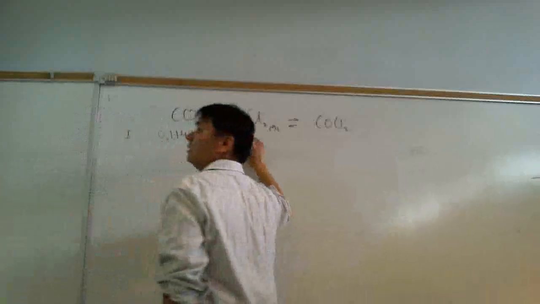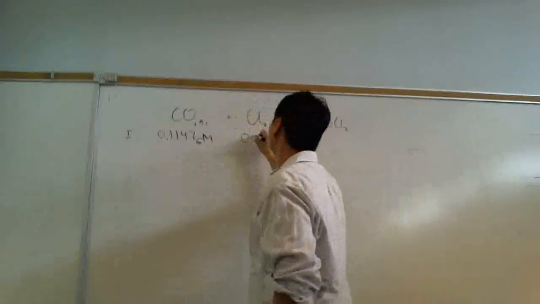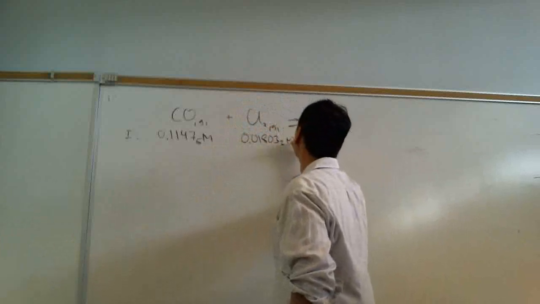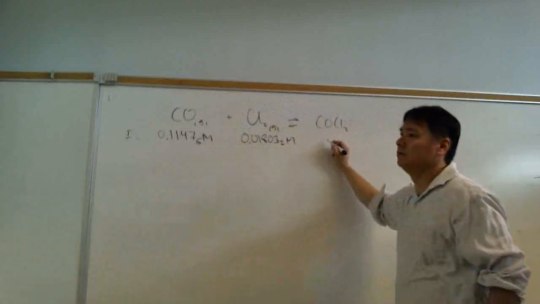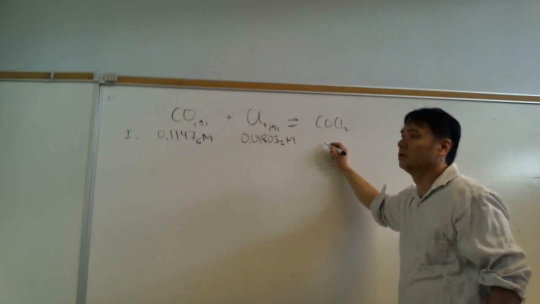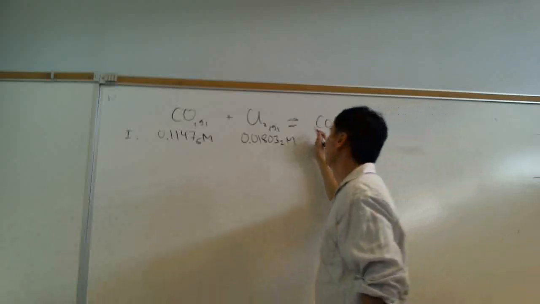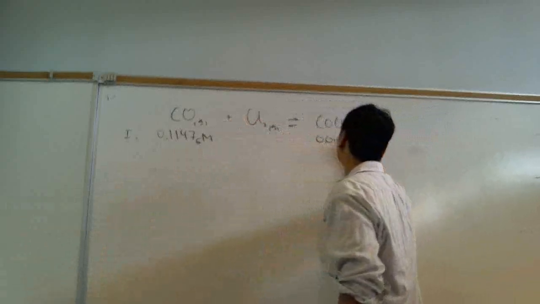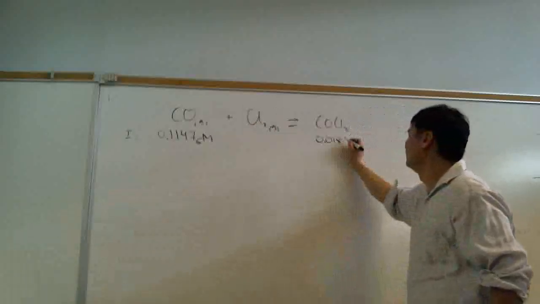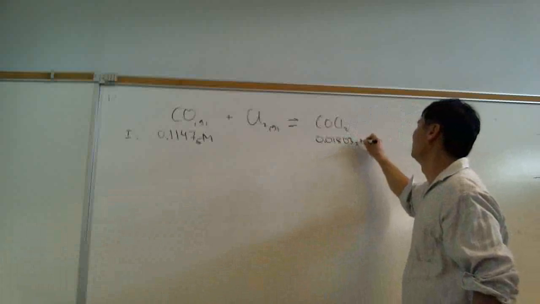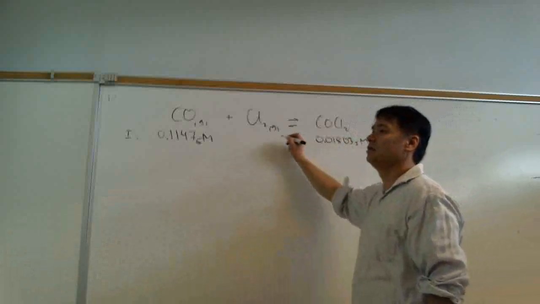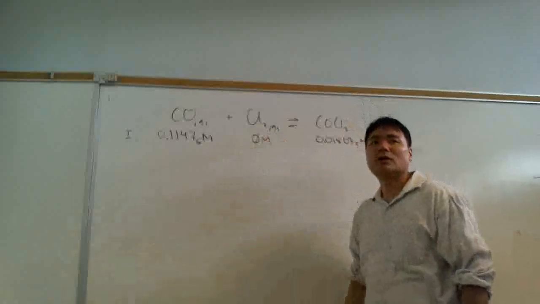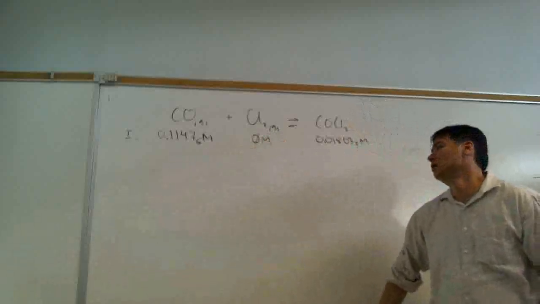For COCl2, 0.018032 molar. Cl2 is 0. And so we know which direction this reaction must go.